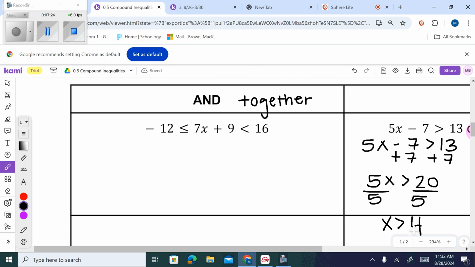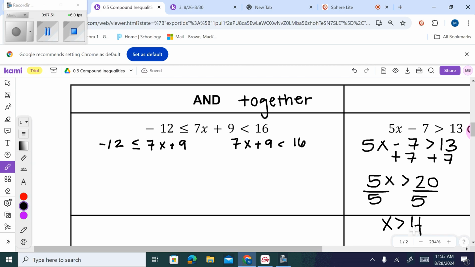When I pull it apart, I'm going to have negative 12 is less than 7x plus 9. The 16 is also going to have 7x plus 9 is less than 16. You see how they both have 7x plus 9?